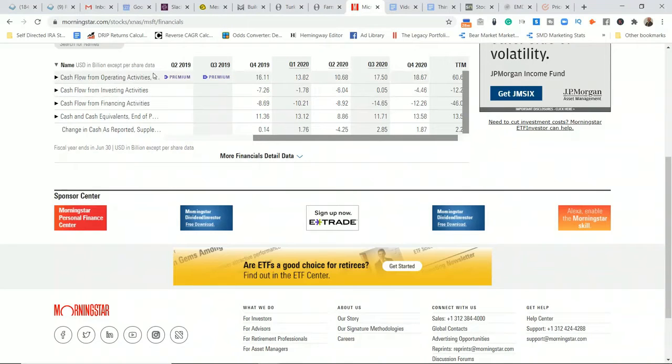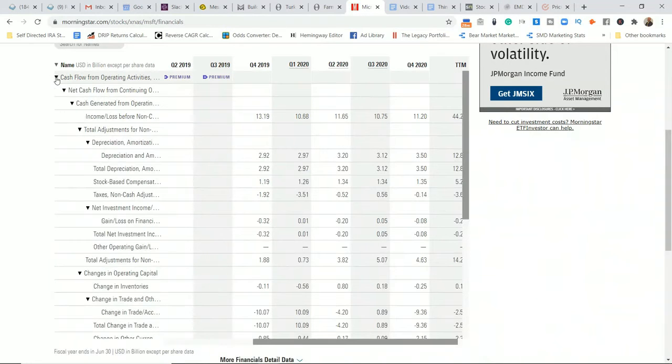Okay, so the cash flow statement starts where the income statement ends. So the income statement ends with net income. This is where the cash flow statement starts. So here is the income or loss before non-cash adjustment.